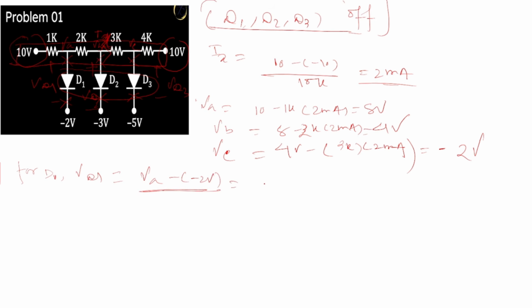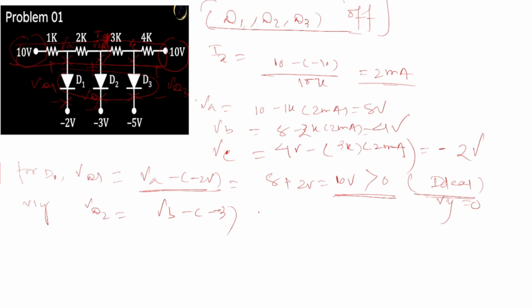VA is 8 volt plus 2 volt is 10 volt, which is greater than 0. As these are ideal diodes, the cut-in voltage is 0, as we saw in the previous slide. Similarly, VD2 is VB minus of minus 3. VB we calculated as 4 volt, plus 3 volt is 7 volt. This is again greater than 0, so VD2 is also on.